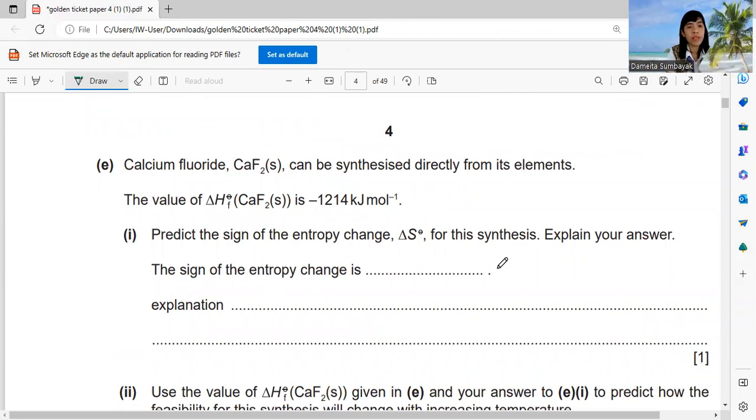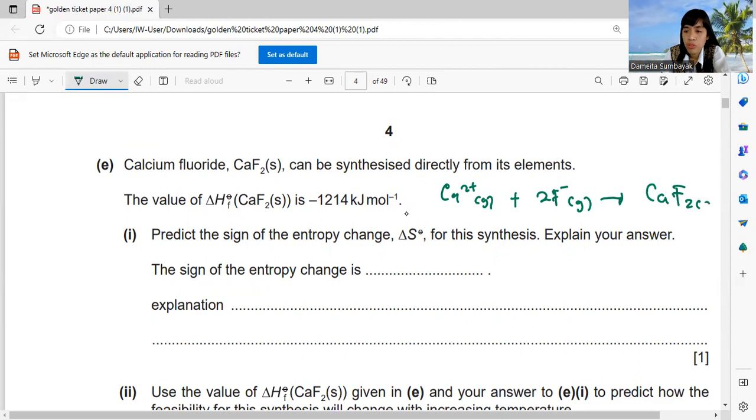Okay, this topic is about entropy. Calcium fluoride CaF2 solid can be synthesized directly from its elements. There is a value of delta Hf of CaF2, negative 1214 kilojoule per mole. The sign of entropy change is, now from here we know that Ca2+ gas plus 2F- gas will form CaF2 solid. Am I right?